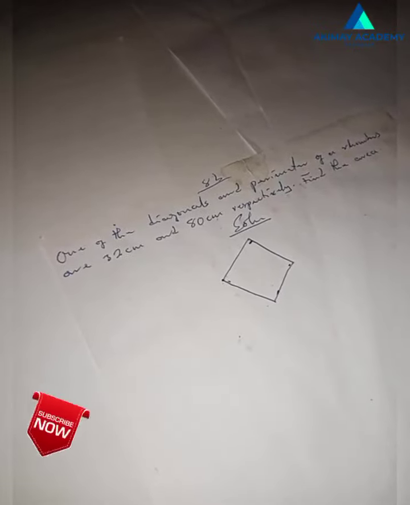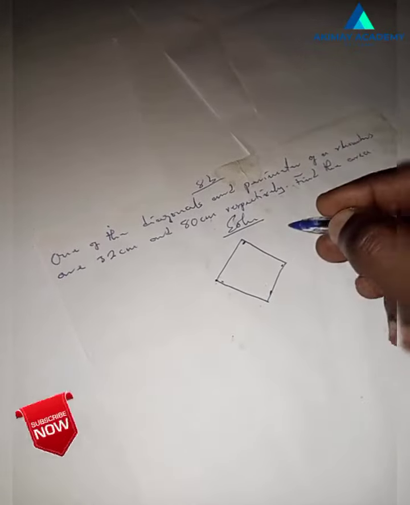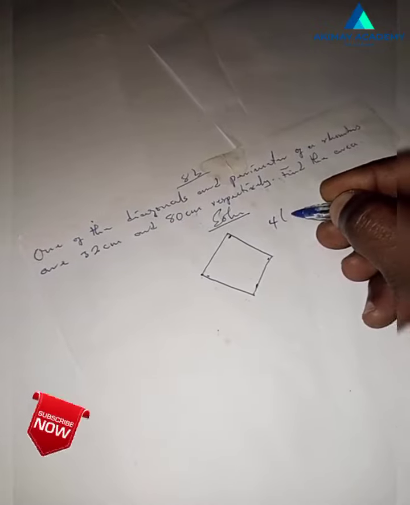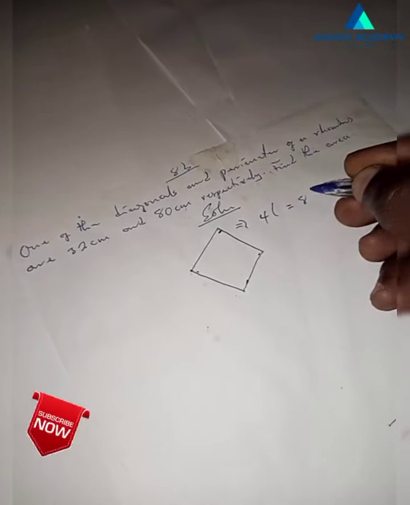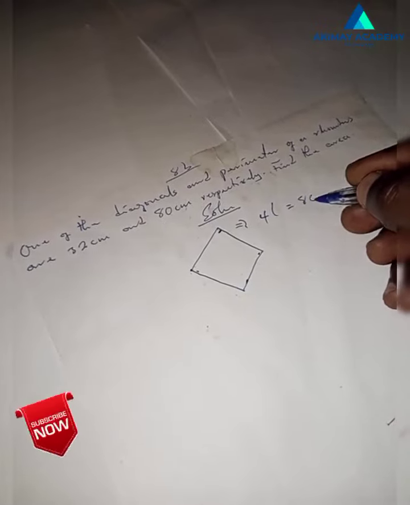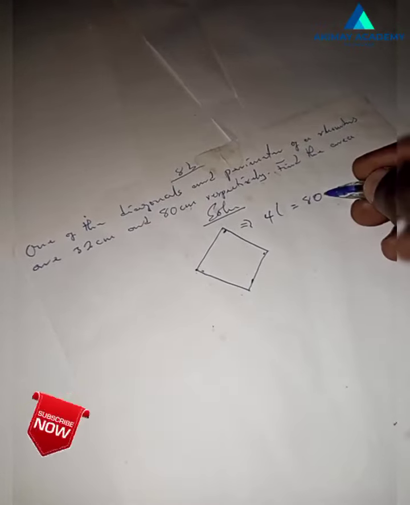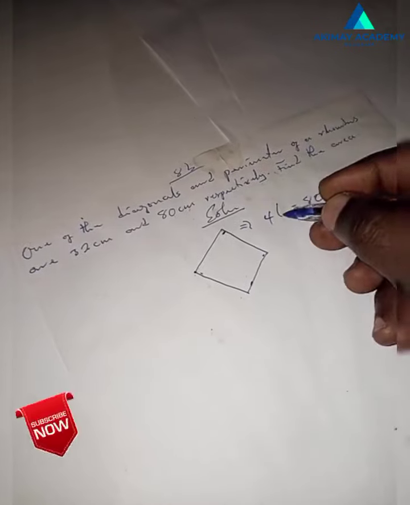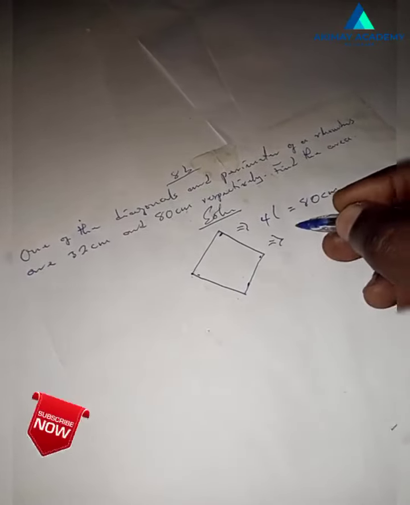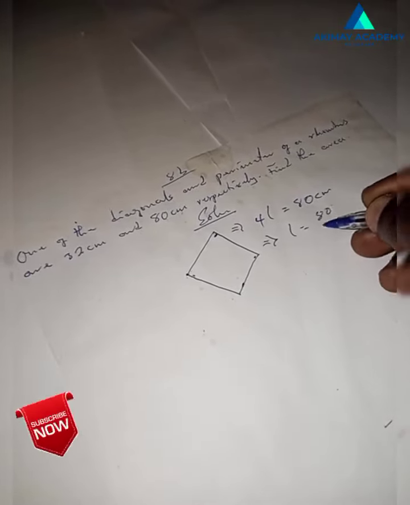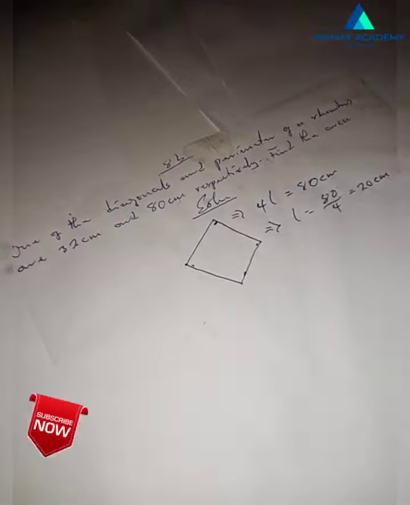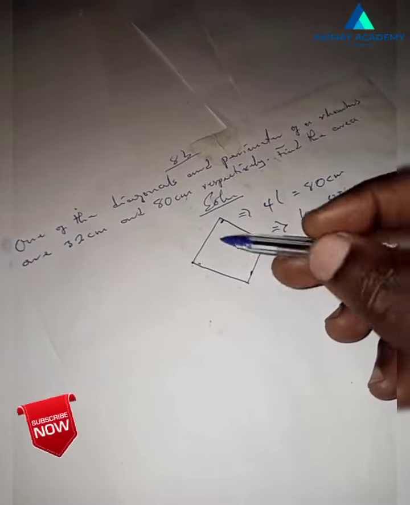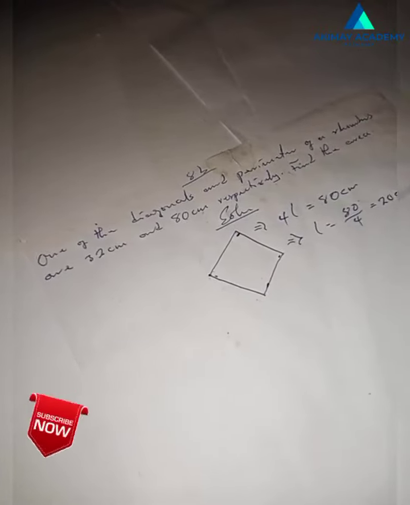So the length is L, 4L equals 80 centimeters. If we are looking for one length, then L equals 80 over 4, which gives us 20 centimeters. So a side of this rhombus is 20 centimeters.